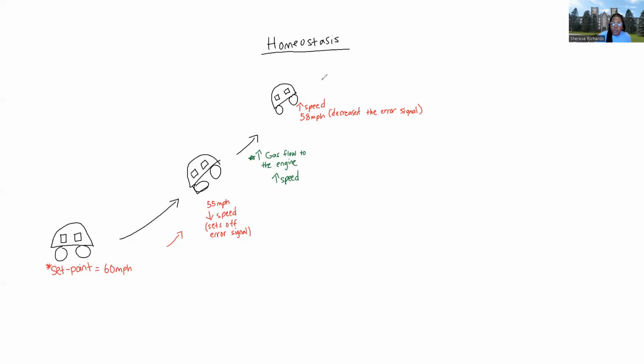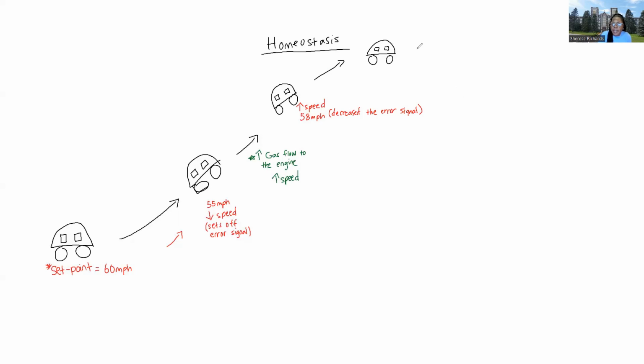All right, now if we follow this just a bit more, now we're at the top of the hill here. Okay, once again, we've got our car up here all the way at the top. And here we're back at set point, right? Really important. We're back at set point.